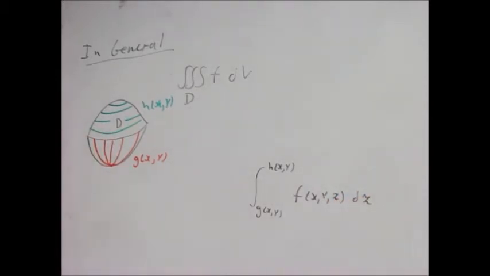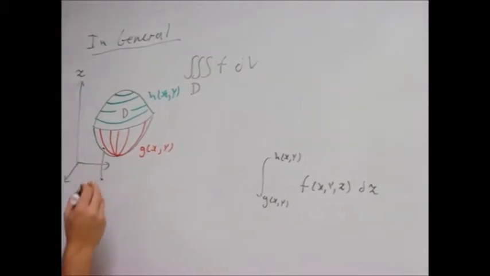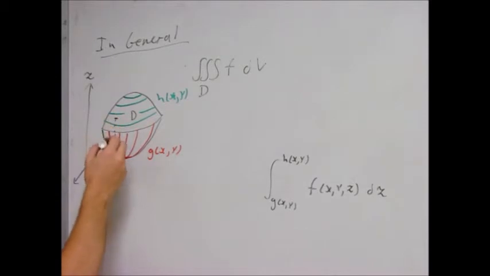So the vertical component, which is your z component. If we imagine a small slice here, at some point x, y, we fix this, we get a vertical slice, and we see when z enters this region and when it exits the region.